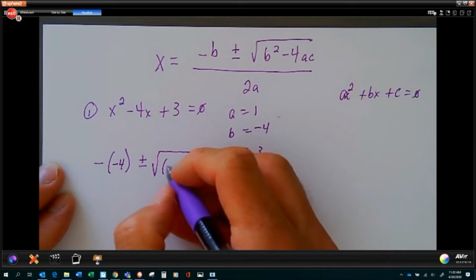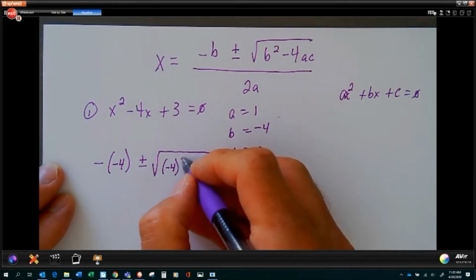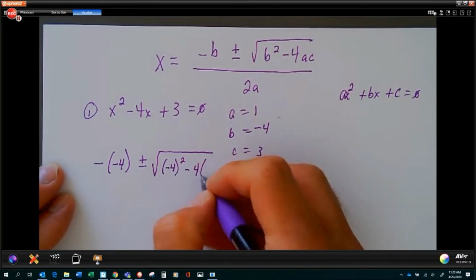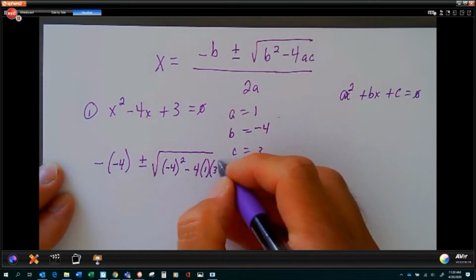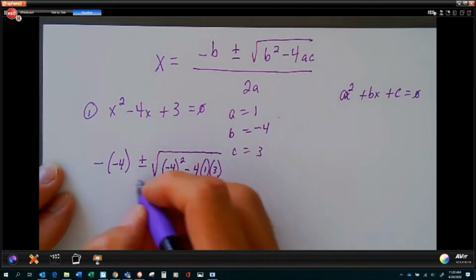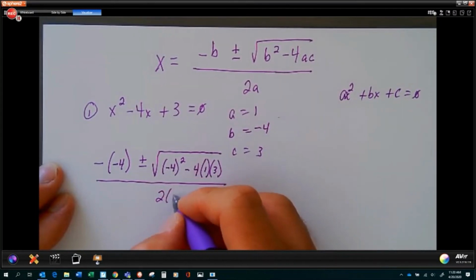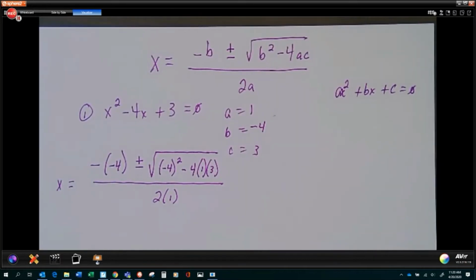Again, we're substituting in b, so we put it in parentheses: b is negative 4, squared, minus 4 times a, which is 1, and c, which is 3, all over 2 times a, which is 1. That's how we substitute everything into the formula.